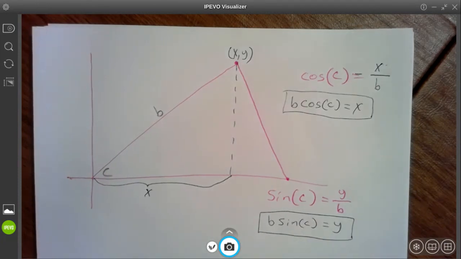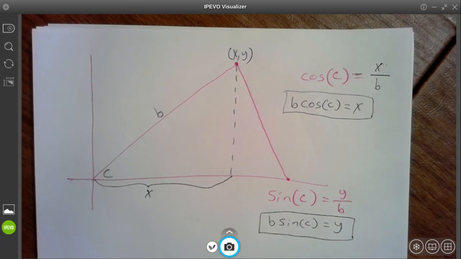Hopefully this reminds you of what we did for redefining sine and cosine. When we talked about the unit circle originally, it was to define sine and cosine in terms of points out there on the unit circle.